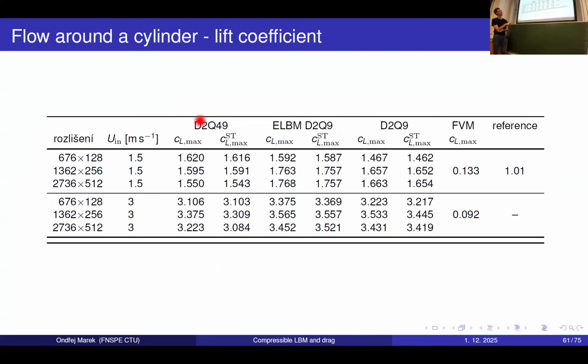So 3 LBM methods as before, then the finite volume method, and then the reference from Schäfer-Turek articles. Basically, here there are also 2 methods to compute. Schäfer-Turek ST assumes that it's incompressible when computing the dynamic stress tensor, and without ST, it assumes that it's also compressible when computing the stress tensor.